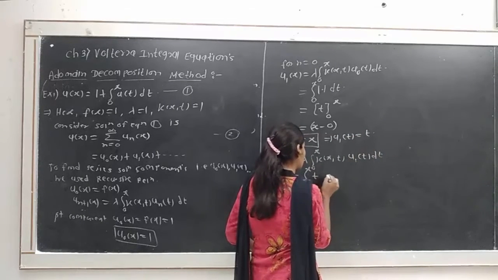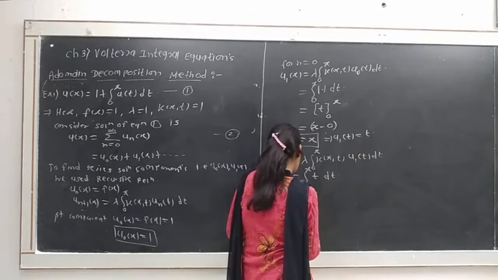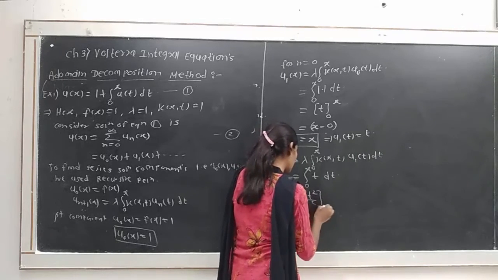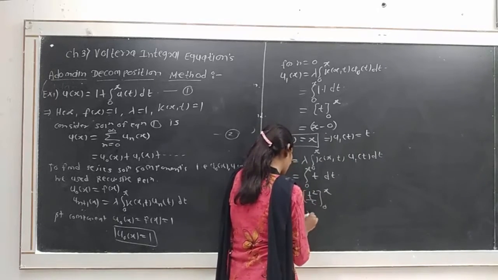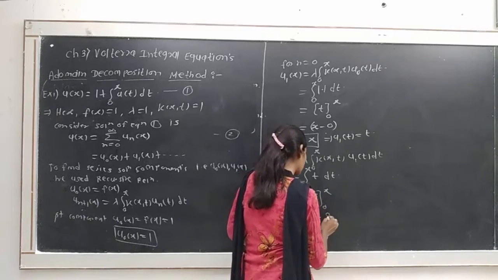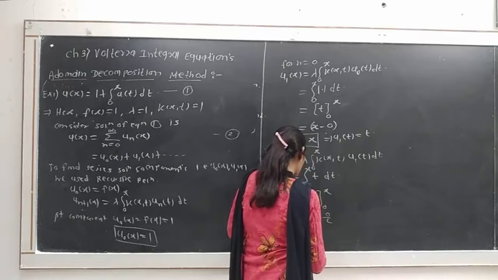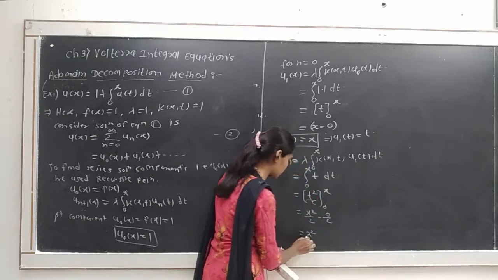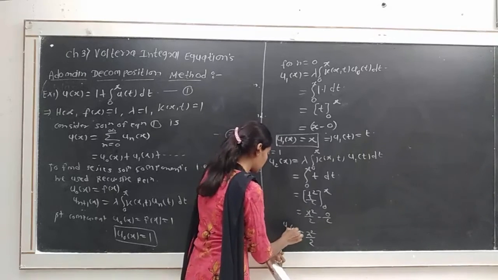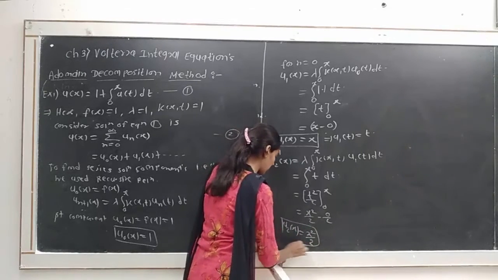So we write here t into dt. Then the integration of t will be t square divided by 2, limits from 0 to x. So by putting in the limits we get x square divided by 2 minus 0 square divided by 2, so we get x square divided by 2. That is u2x, the second component.